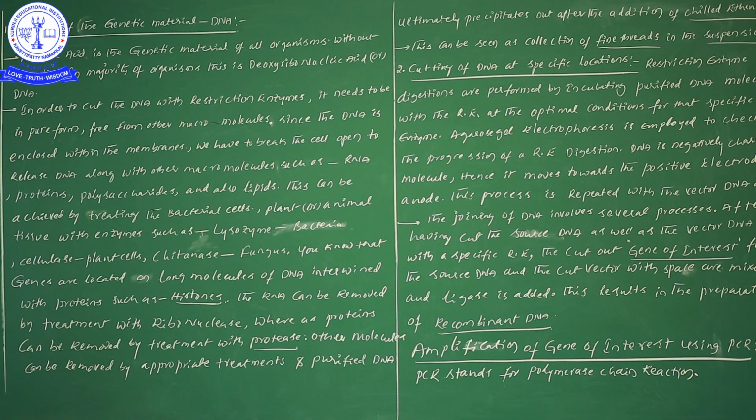Pure form means RNA, proteins, or any kind of macromolecules should not be there. So in order to cut the DNA with restriction enzymes, it needs to be in pure form, free from other macromolecules. We should not maintain any kind of macromolecules along with the DNA.